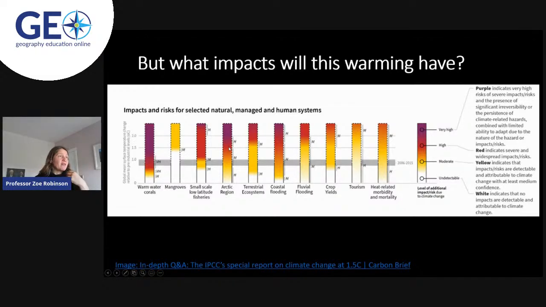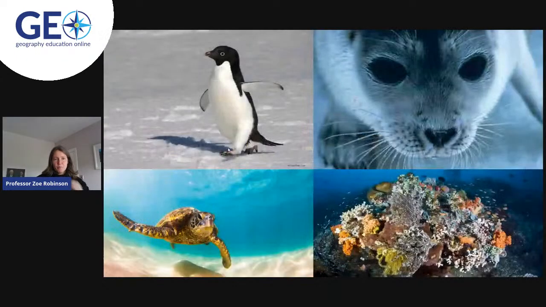Whereas at 1.5 degrees, we just have severe and widespread impacts and risks. So this is from the special report on global warming of 1.5 degrees C. And in summary, it says impacts at 2 degrees C of warming are much worse than they are at 1.5 degrees C, and therefore we should really try and keep warming to below 1.5 degrees Celsius.